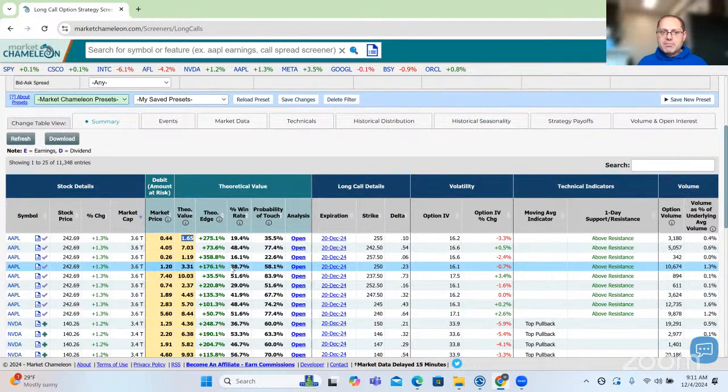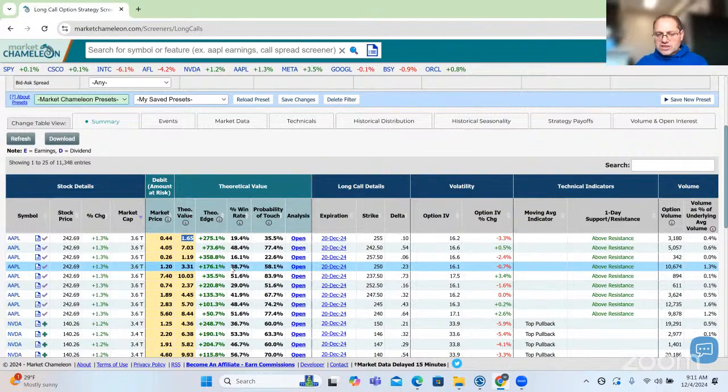Basically, how did Apple behave historically under similar circumstances? How many days are left to expiration? How far away is this strike relative to the stock price? How often did Apple increase by enough to cover the cost of it? How often did it just stay the same or go lower, not going up enough?